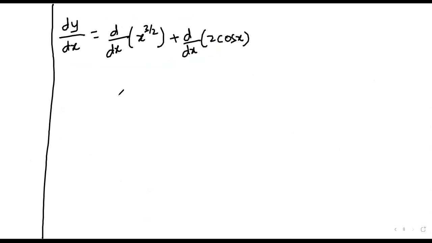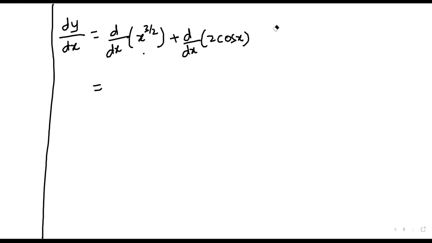What is the value of d by dx of x power 3 by 2?